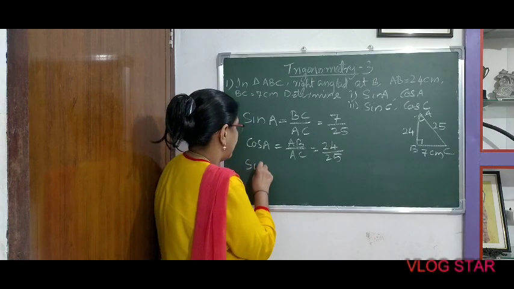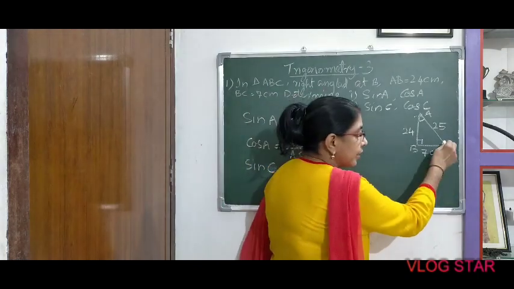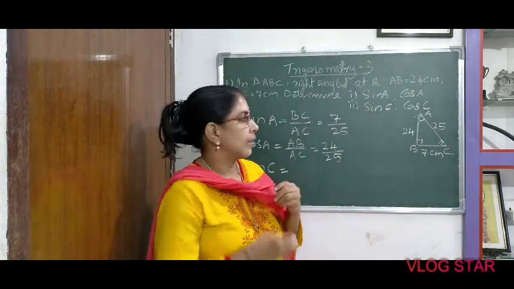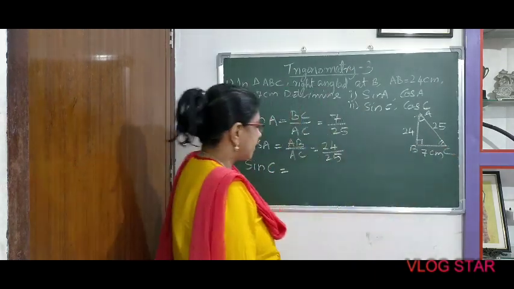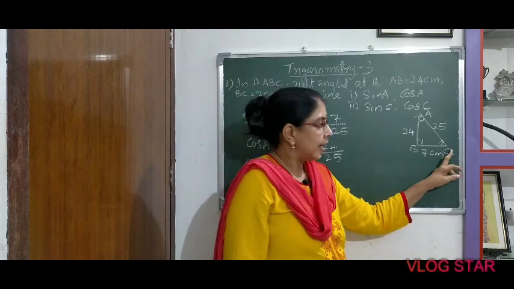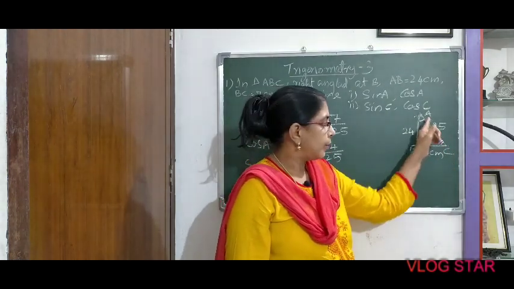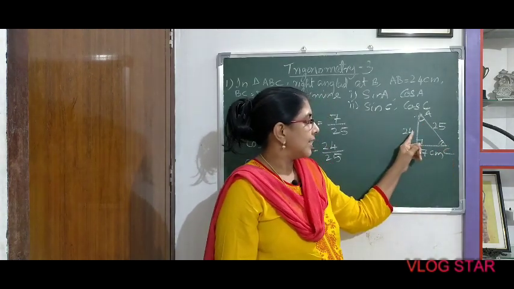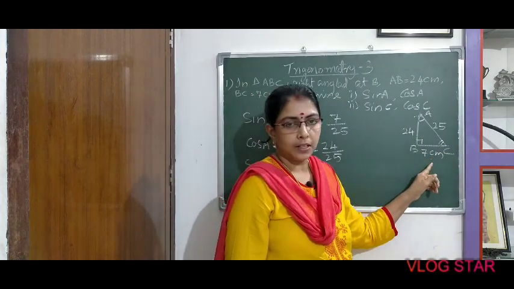Sin C is equal to, that means according to this angle we have to find out sin C. Side opposite to angle C is AB. Hypotenuse is same. Side adjacent to angle C is BC.